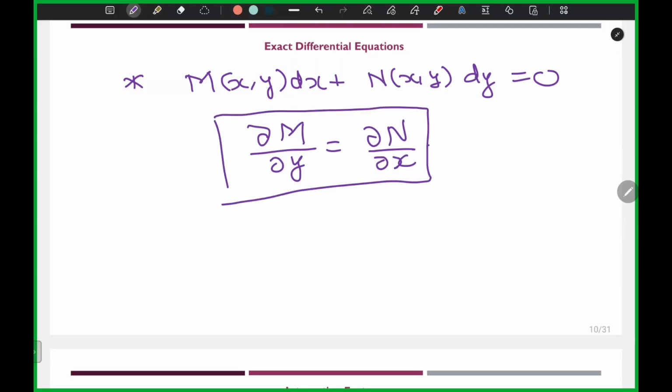So this equation is exact if and only if this condition holds, right?